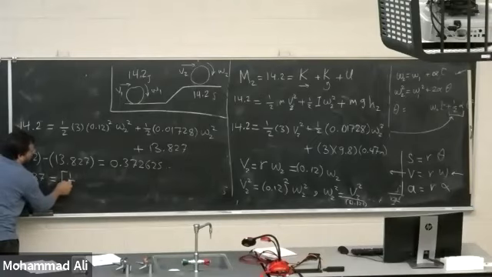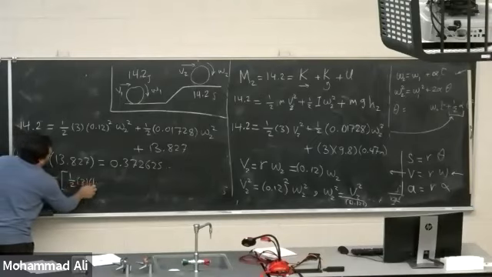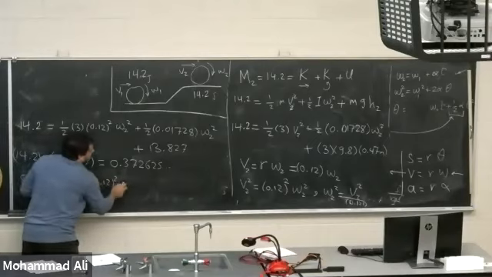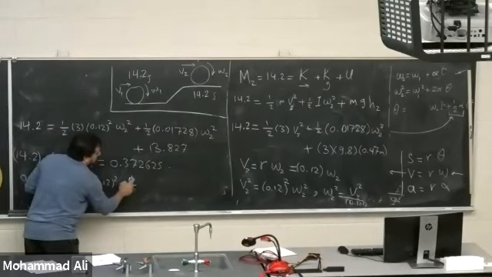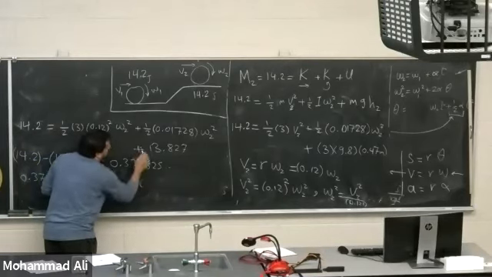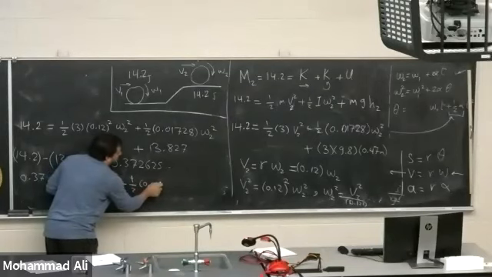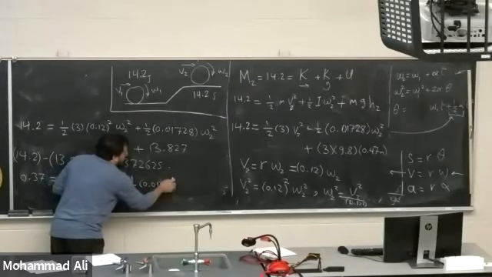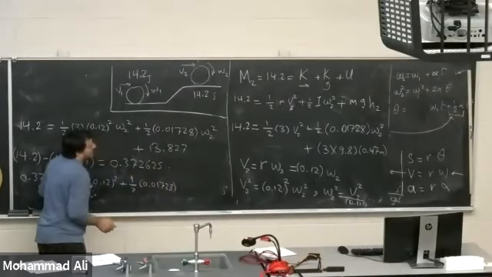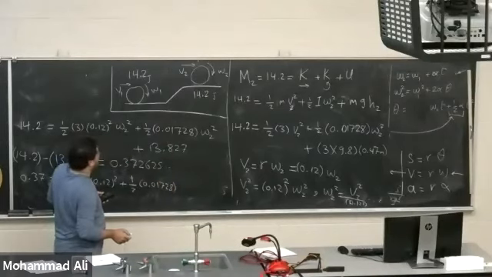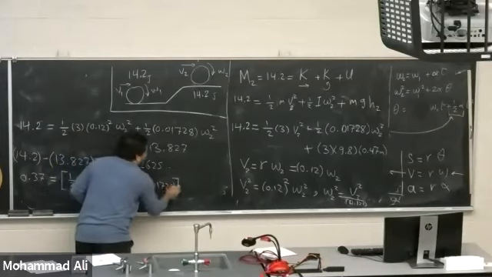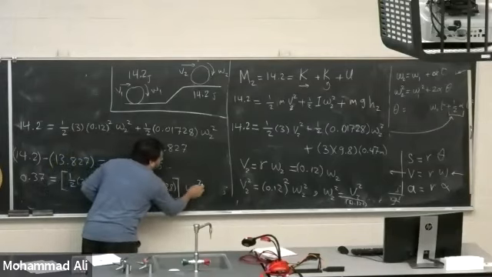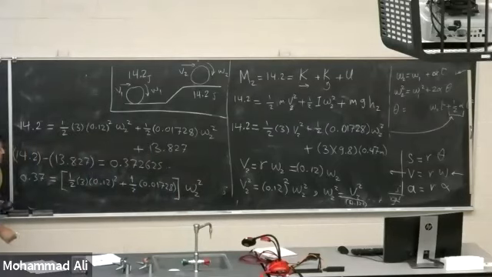And I have this 1/2, 3, 0.12 squared plus 1/2 multiplied by the rotational mass, which is the I. All of this multiplied by omega 2 squared. Now I have my equation just in one variable. I will find it.